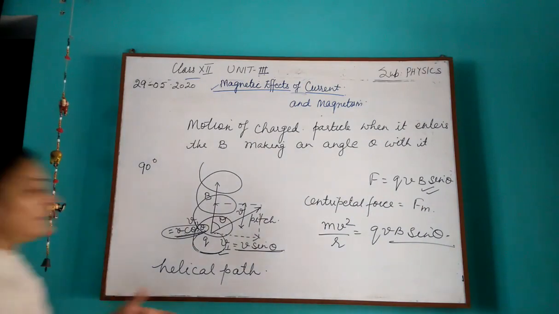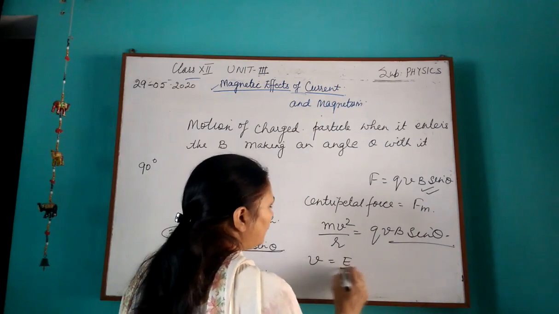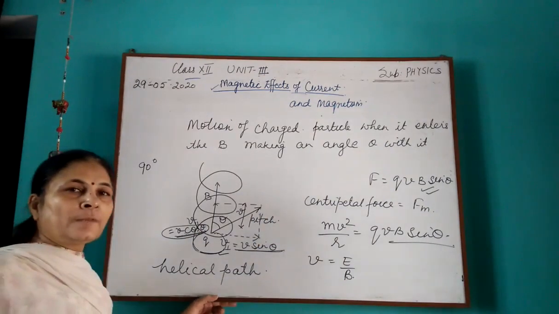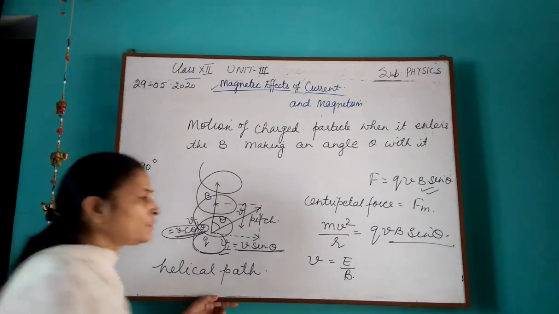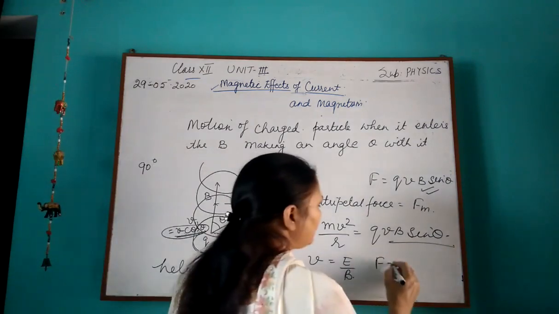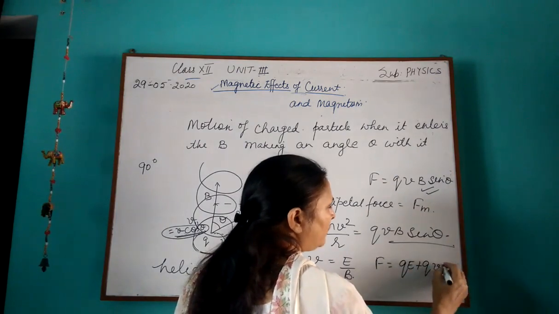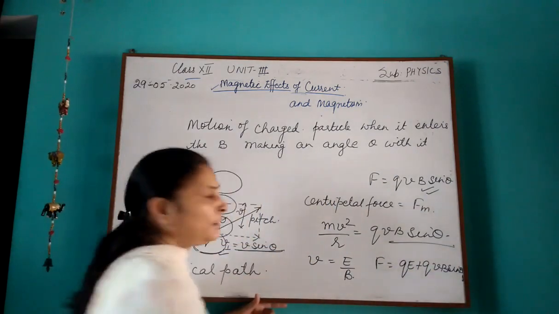Another condition is V equals E upon B, which can also be taken as a velocity selector. How? We say F equals QE plus QVB sine theta.